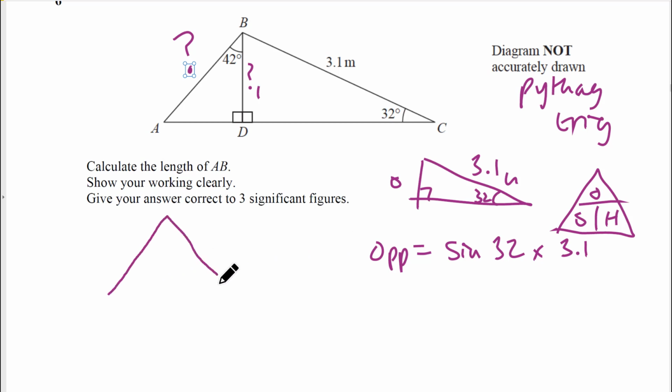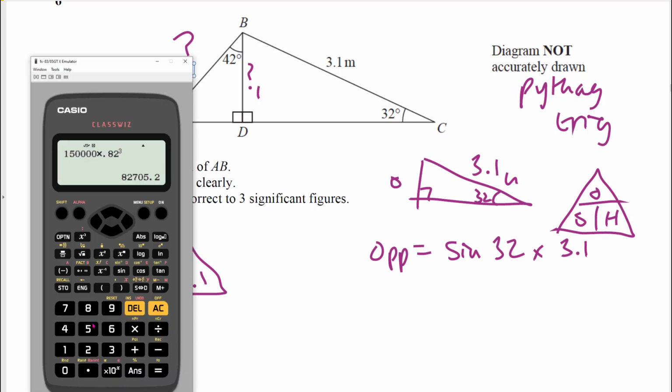If you just want an easier way to do it, keep it in the triangle, that's sine 32, that's 3.1, so you multiply the two to get the opposite. Sine 32 times 3.1, 1.643 I'm going to use.